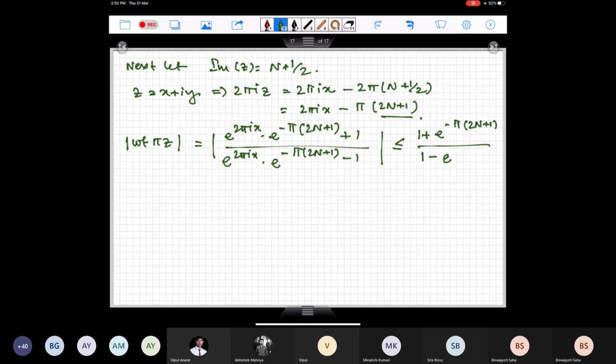This is a negative quantity, so the exponential of that is less than 1. So this is the bound that I get. Okay, 1 plus something and 1 minus something. All good.